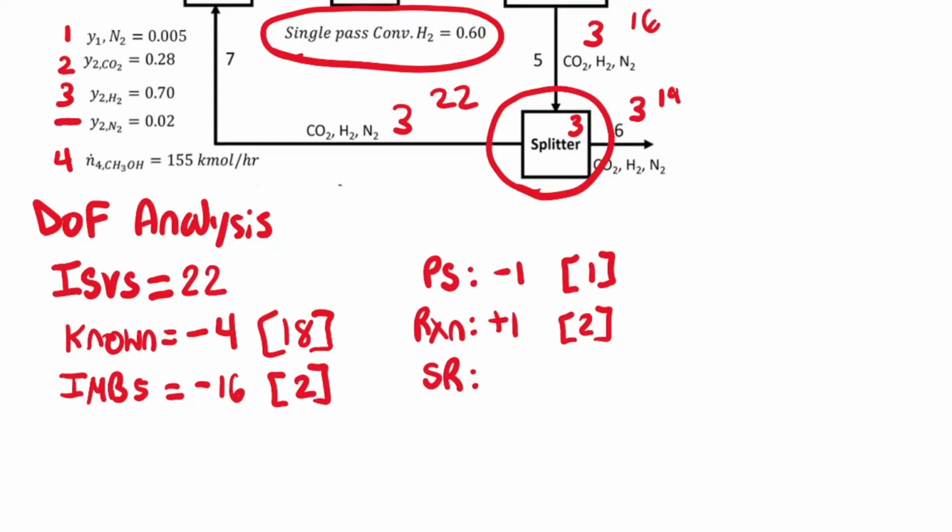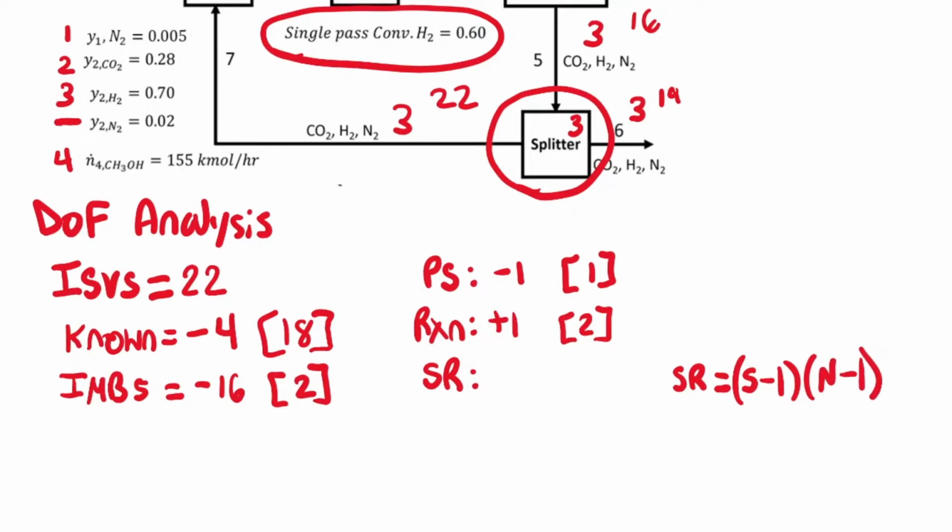What I mean by splitter restrictions is that because you have a splitter and the composition of your stream doesn't change for any stream going in or out of the splitter, that actually helps you out and reduces your degrees of freedom. And the way we would calculate that, the splitter restriction is going to equal S-1 times N-1.